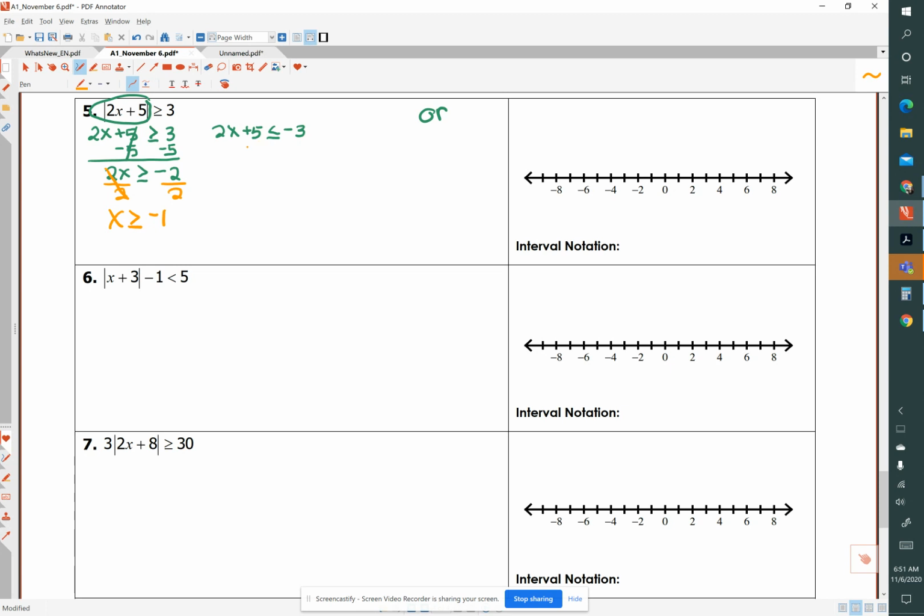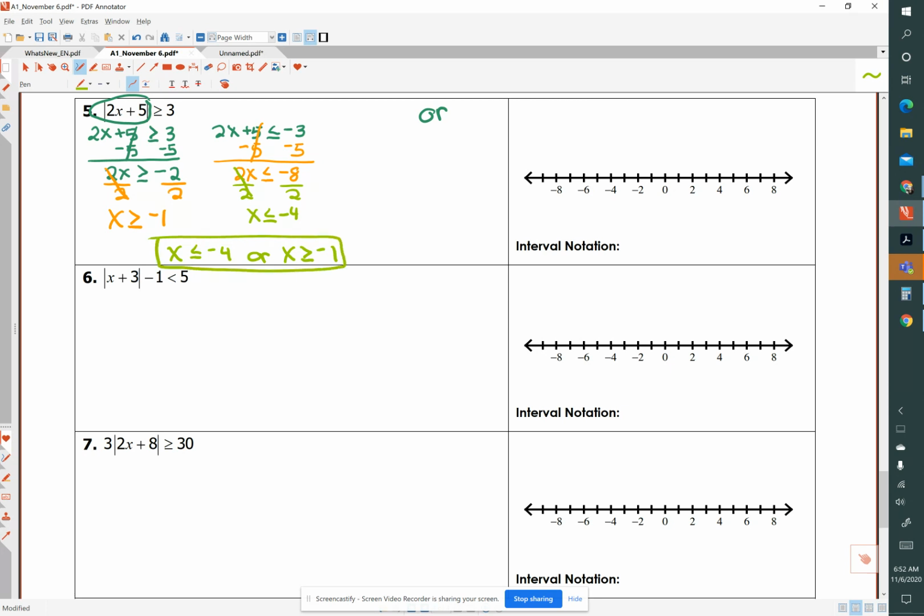Okay, on the next side, let's again subtract 5 from both sides. 2x is less than or equal to -8. And we'll divide both sides by 2. And x is less than or equal to -4. So, rewriting this, x is less than or equal to -4, or x is greater than or equal to -1.